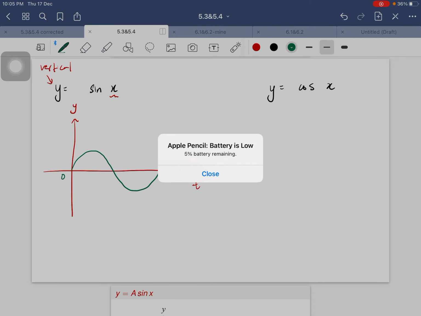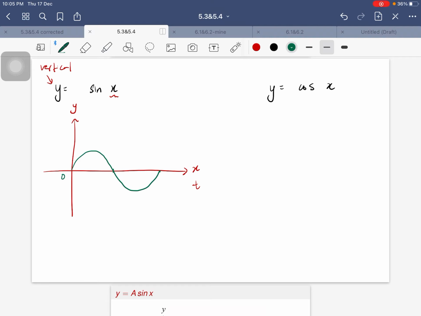In the middle is pi, between 0 and pi is pi over 2, and between pi and 2 pi is 3 pi over 2. So when you sketch the sine function, these are the 5 important points that you have to capture in the graph.